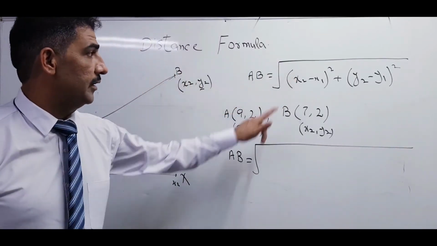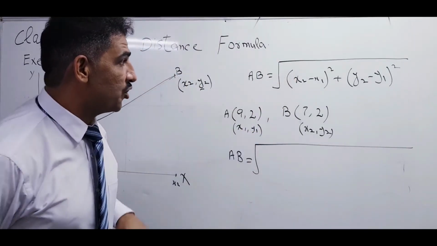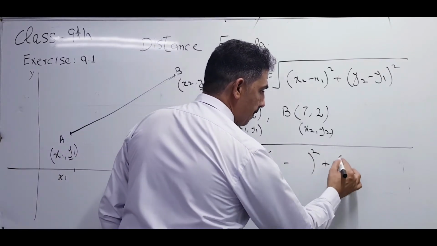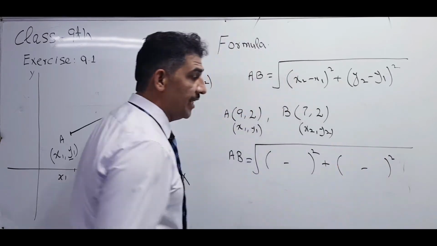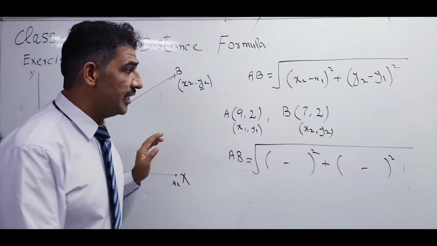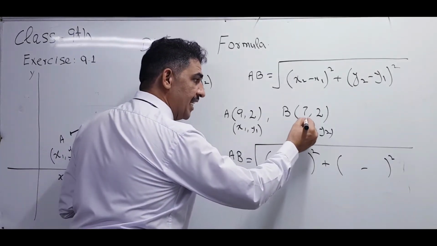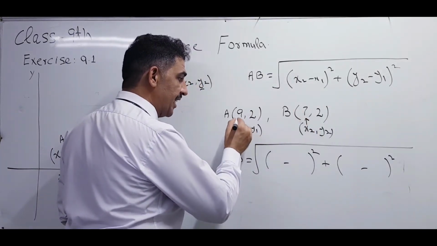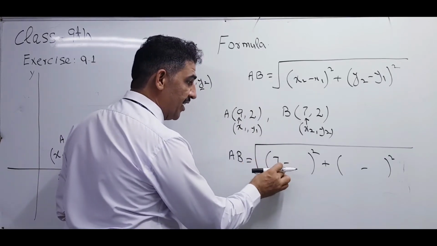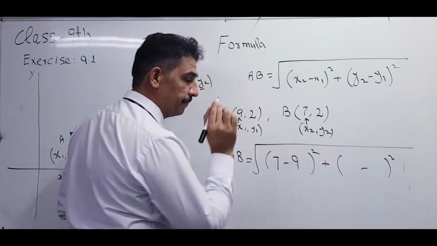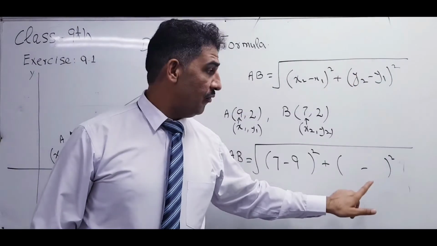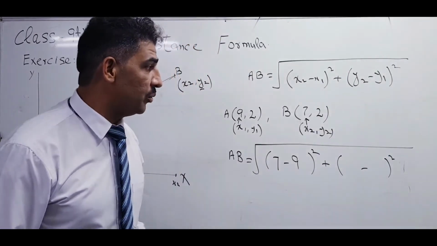According to the formula, what is that? First of all, we apply the formula. In the first bracket you have to write x2 minus x1. This point indicates x2 and this point indicates x1. So that is 7 minus 9. In the second bracket, y2 minus y1. Where is y2? Good.